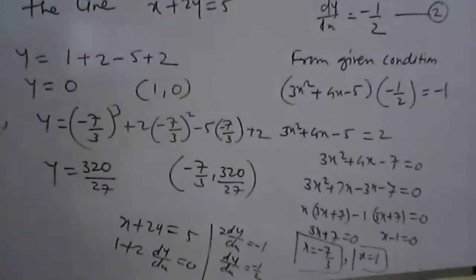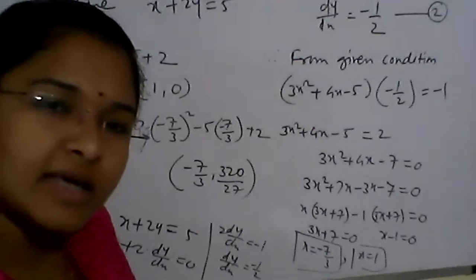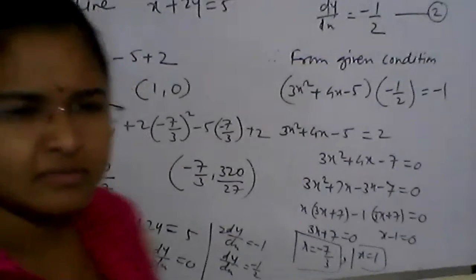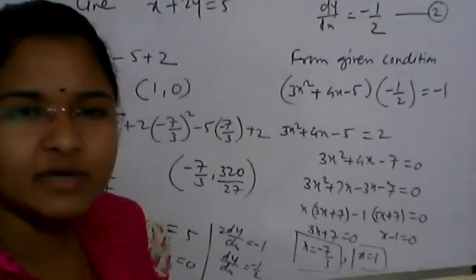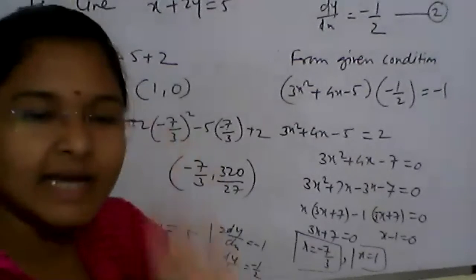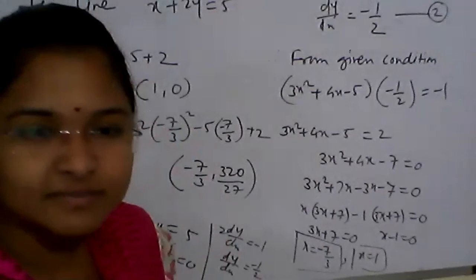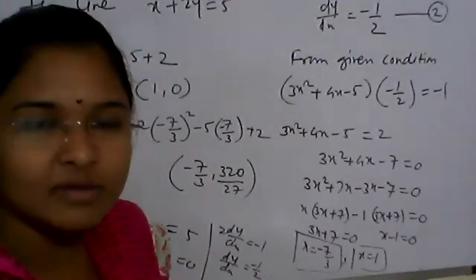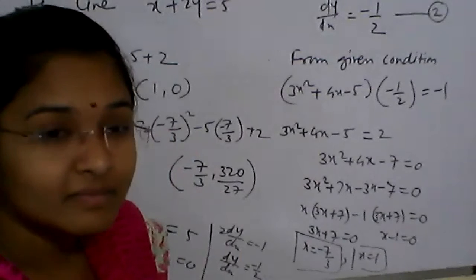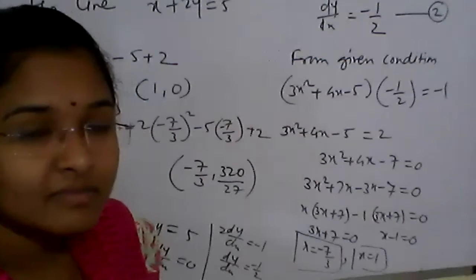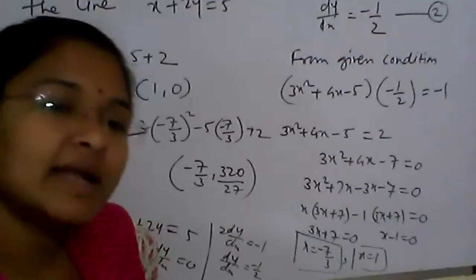Ma'am, can we also use minus x by y for the slope? Minus x by y. How x by y? Where will you take x and where will you take y? It will take time to arrange, but it is very easy to differentiate. No ma'am, the coefficients of x and y. The coefficient of minus x and the coefficient of y, that you can do.